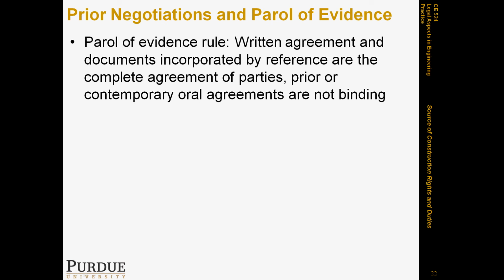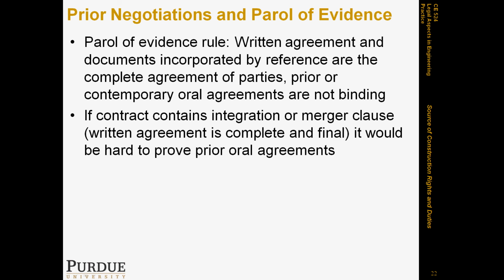Now this is actually sometimes even emphasized in contracts, and we see that in AIA and the other types of contracts that we're working with, that sometimes the contracts have something called an integration and merger clause, which states language along the lines that this written agreement is a final and complete agreement. The existence of such a clause would make it hard, but not impossible, to prove prior oral agreements.